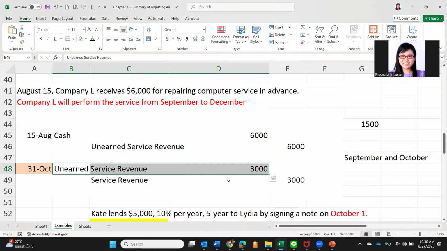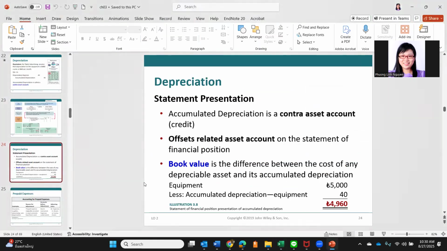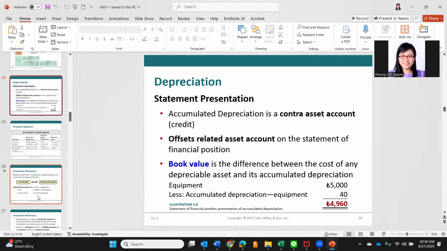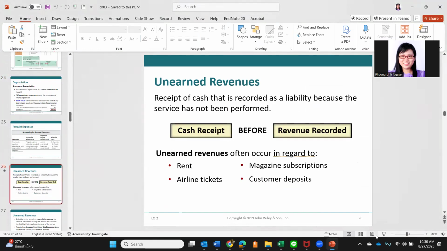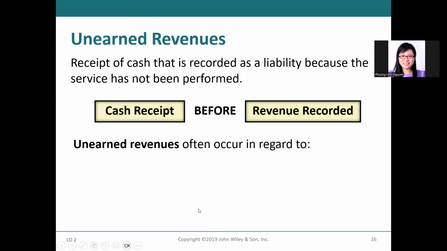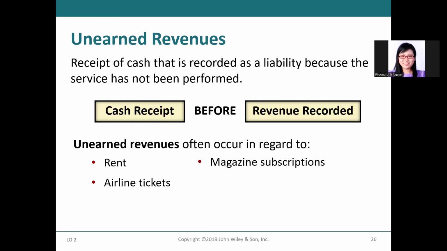Okay. All right. Let's continue. There are many kinds of unearned service revenue. As you can see, it can be unearned rent revenue, unearned ticket revenue, or unearned subscription revenues.